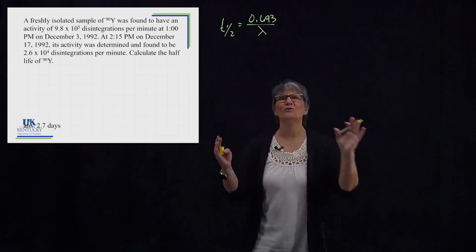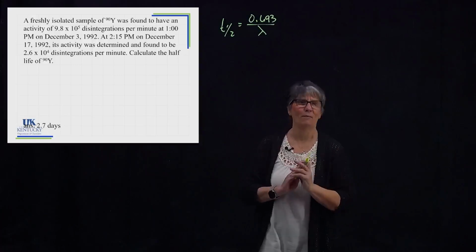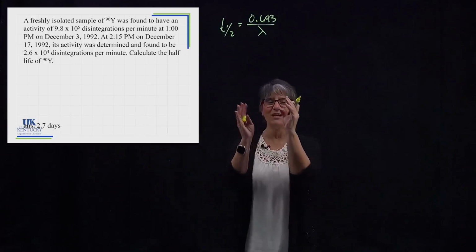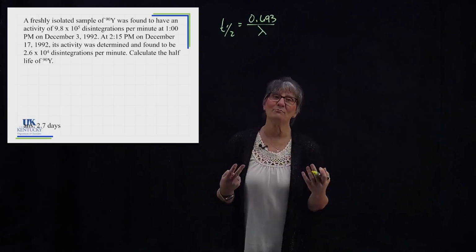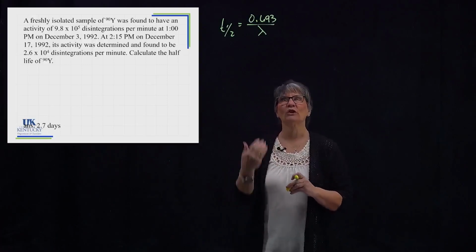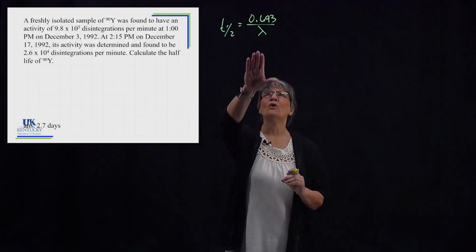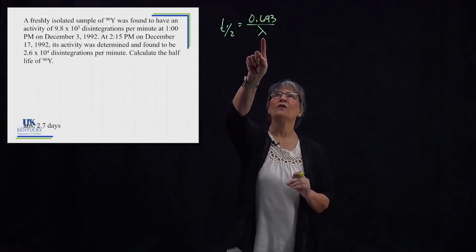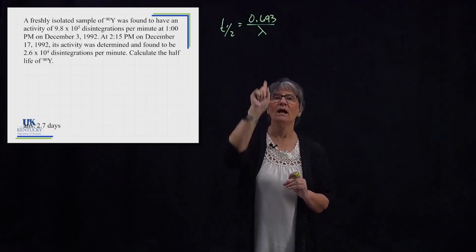Now you can use the symbol k still. It doesn't matter to me. You don't have to change the symbolism. I will keep the symbols different because in nuclear chemistry, this is what they use. So I need to know the rate constant, okay, lambda.